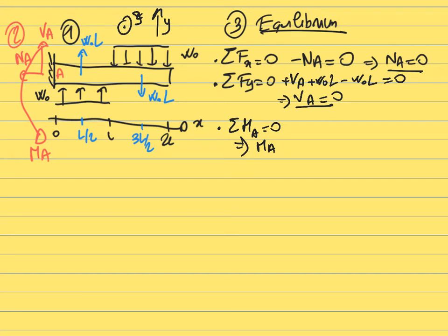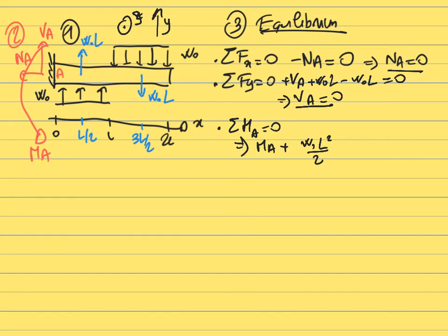The intensity of the force is W naught L, and we need to multiply by the arm of the force about A. In this case, the arm of the force is L over 2, so we get W naught L squared divided by 2.